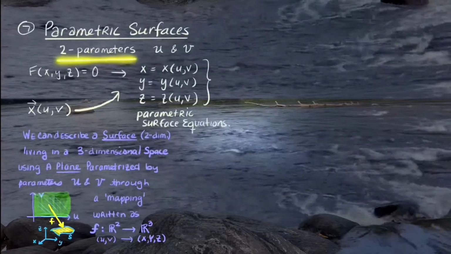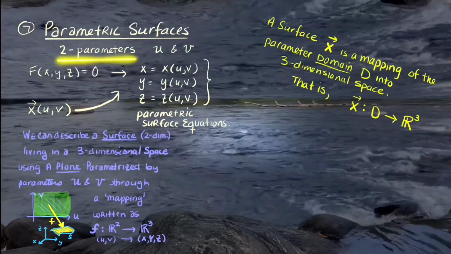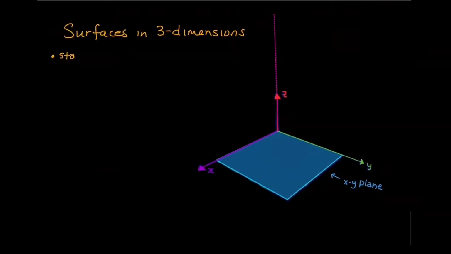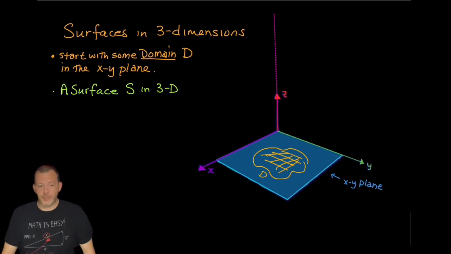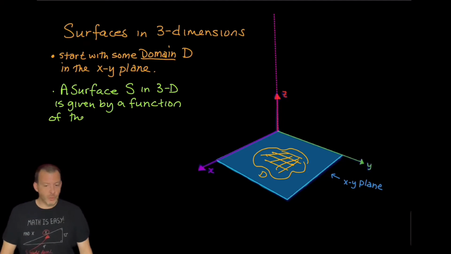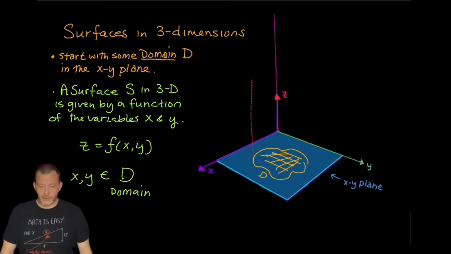Let's figure out parametric surfaces for a moment. So surfaces in three dimensions start with picking a domain in the xy plane. And that domain is going to be mapped into a third dimension, a z direction, to create a surface.